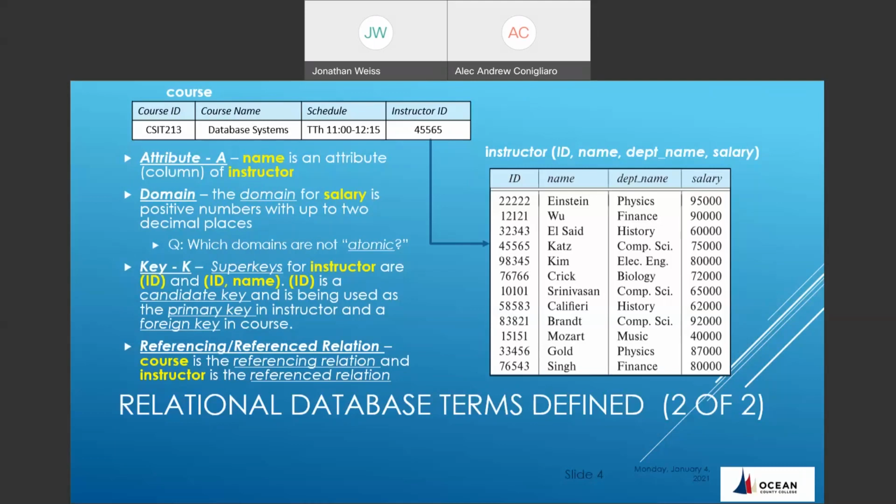I want to find all instructors in the computer science department who make more than $90,000 a year. Who can give me one way to write that expression?